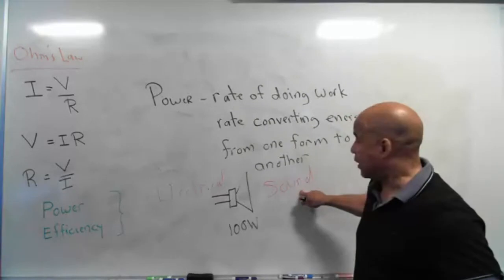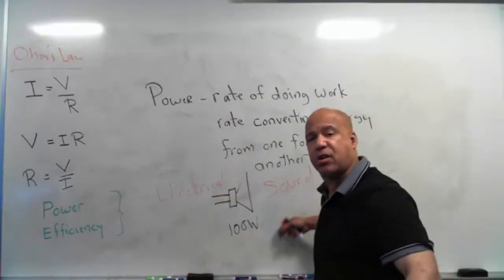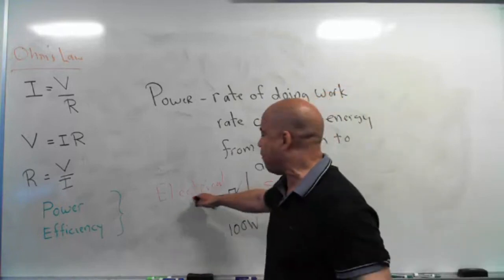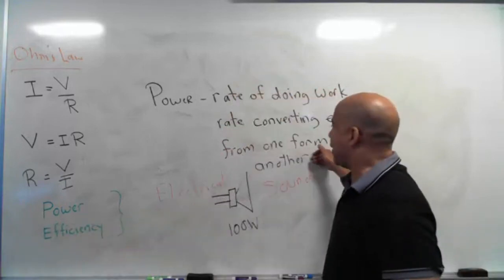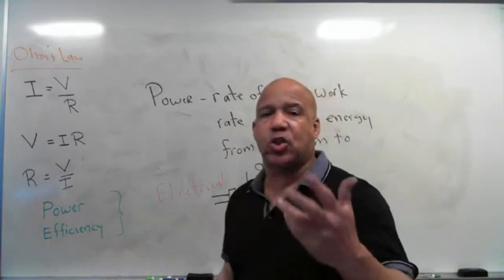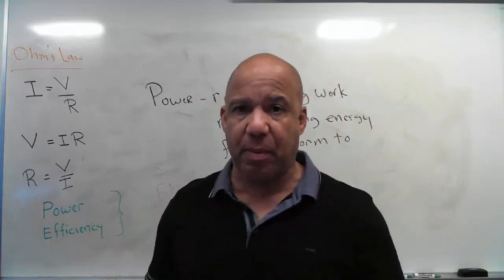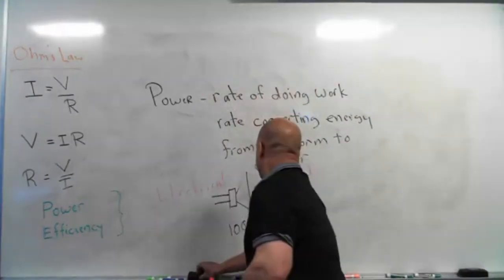But the speaker converts electrical energy to sound energy, acoustical energy, or mechanical energy. It converts energy from one form to another. So the rate at which it does that is another way to think about power. So there are two ways I can write the formula for power. Remember, it's a rate, so I have to have T in the denominator.